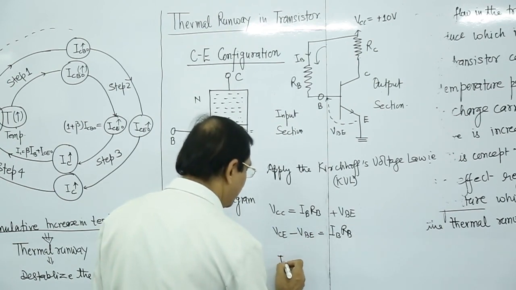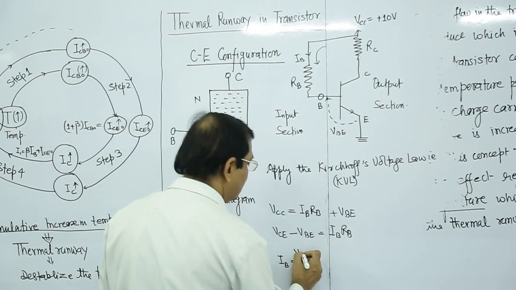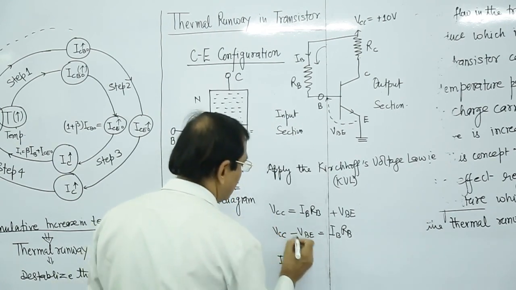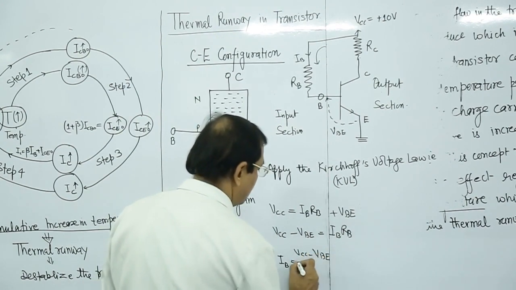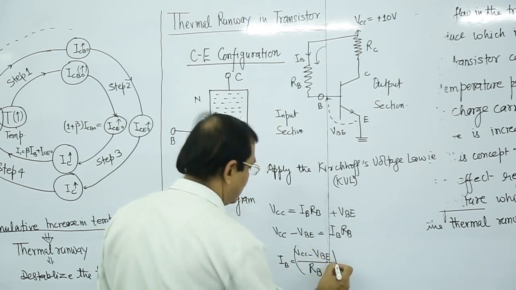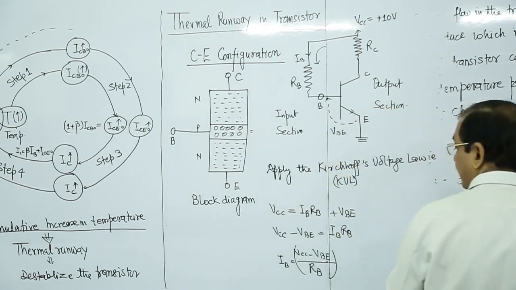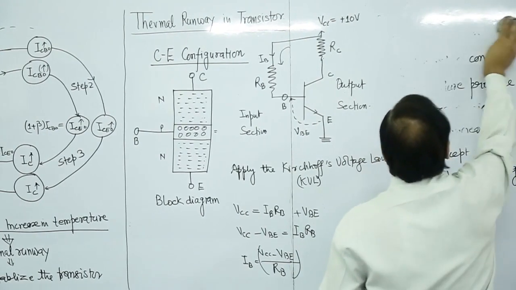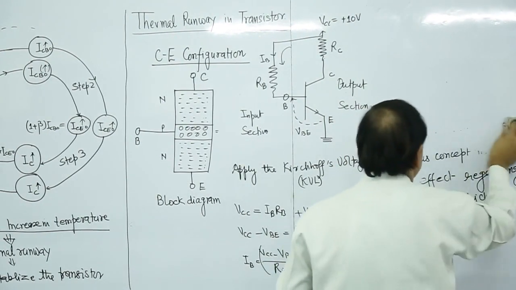So this IB is equal to VCC minus VBE upon RB. So this is the base current that has been generated in the input section of the common emitter circuit.